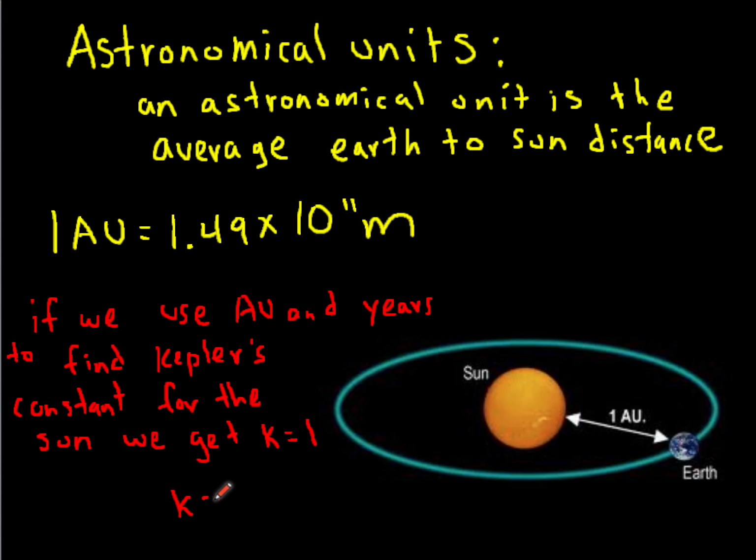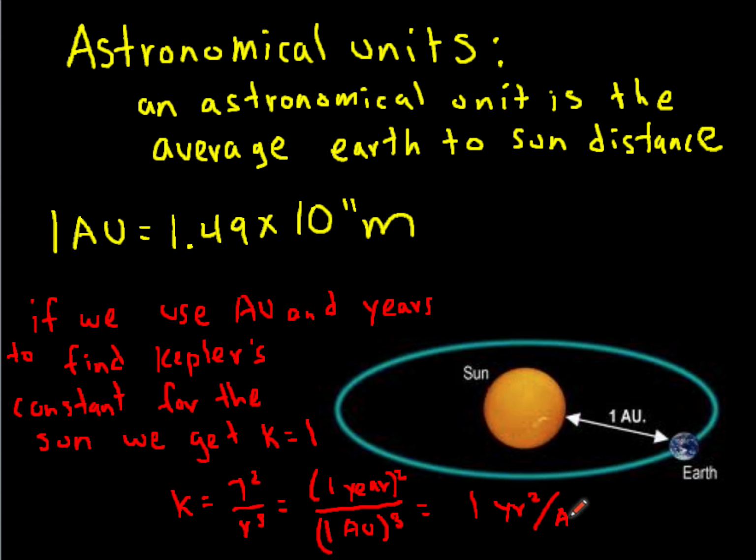I'll show you. Kepler's constant equals t squared over r cubed. Since the time is 1 year, and we're looking at 1 astronomical unit, 1 year over 1 astronomical unit cubed is 1 year squared per astronomical units cubed. It's just 1. It allows us to do calculations much more simply. I'll show you.